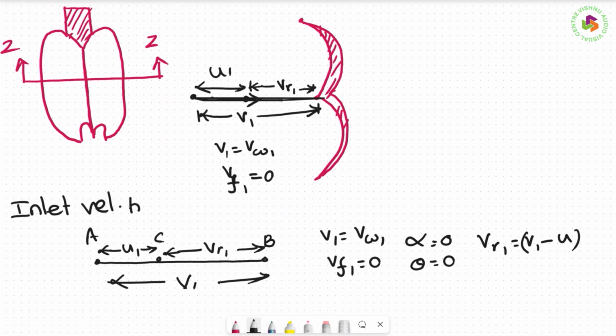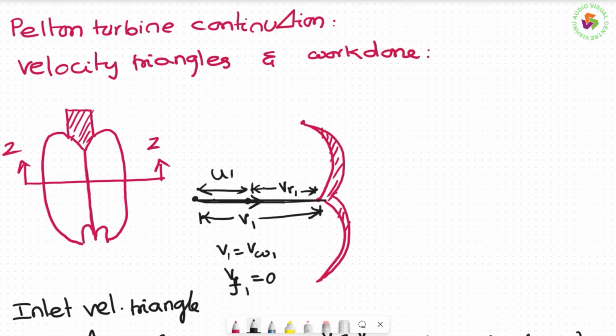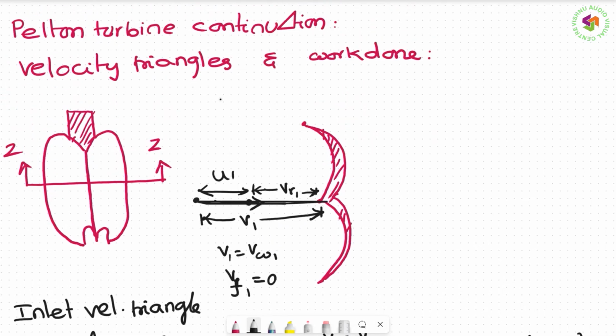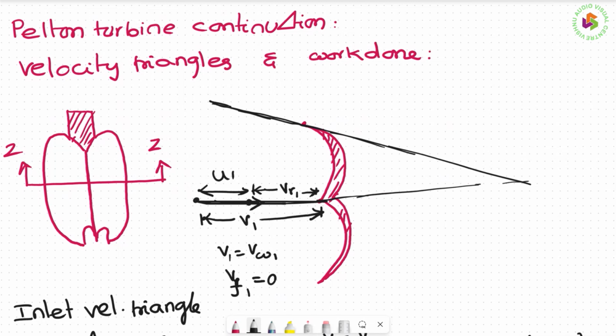After striking the splitter, the jet leaves like this. Again, recollect, actually this is tangential. Now if I extend this line, this is phi and this is the deflection angle.